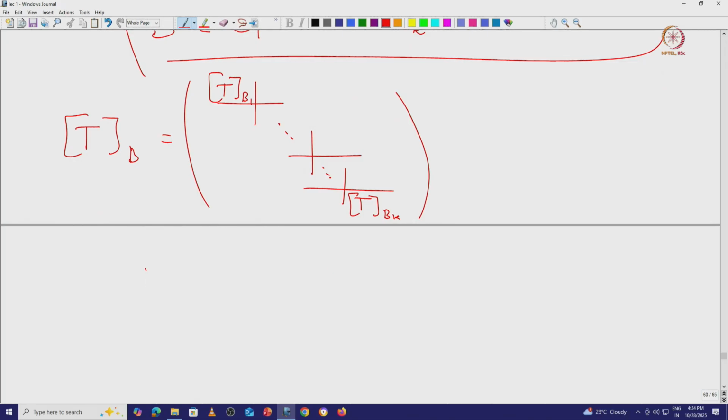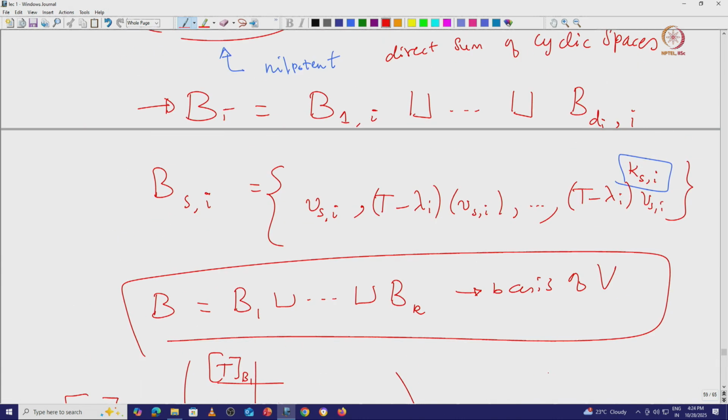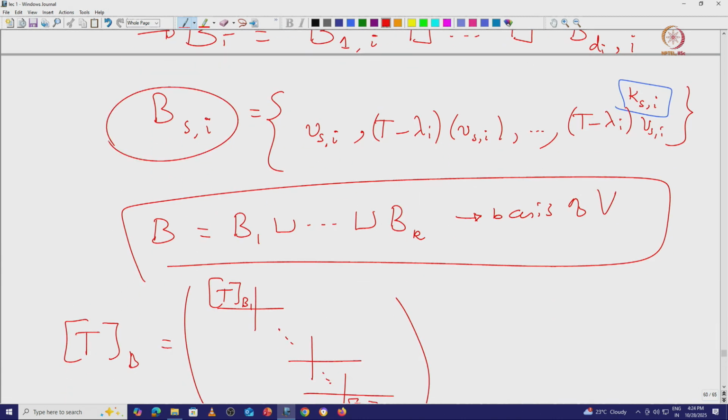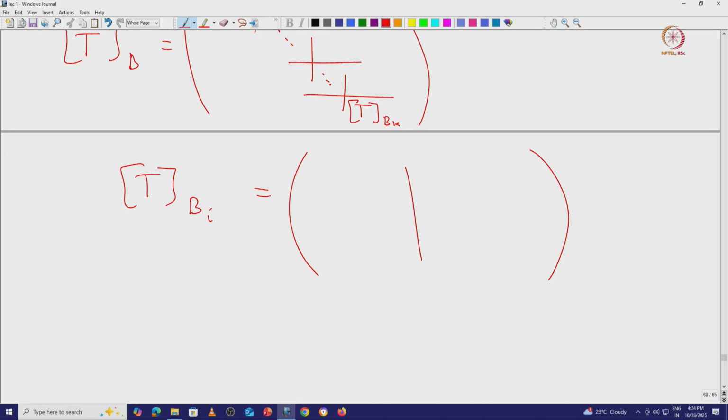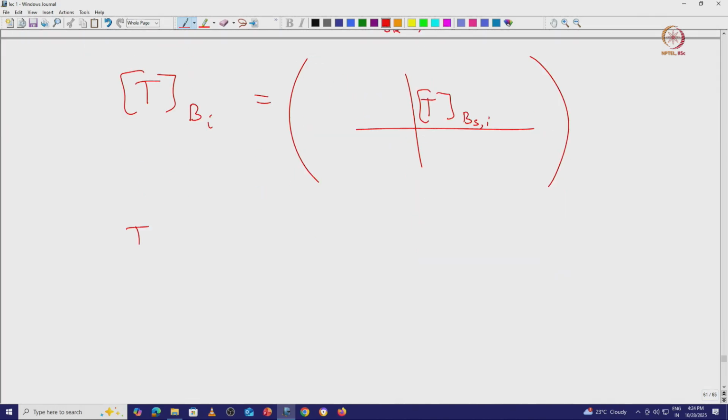So, this is how the blocks look. Now if you zoom in and look at an individual block, the block of T with respect to B_i, this again looks like blocks, with respect to B_s^i. So, the typical block here will look like T with respect to B_s^i.